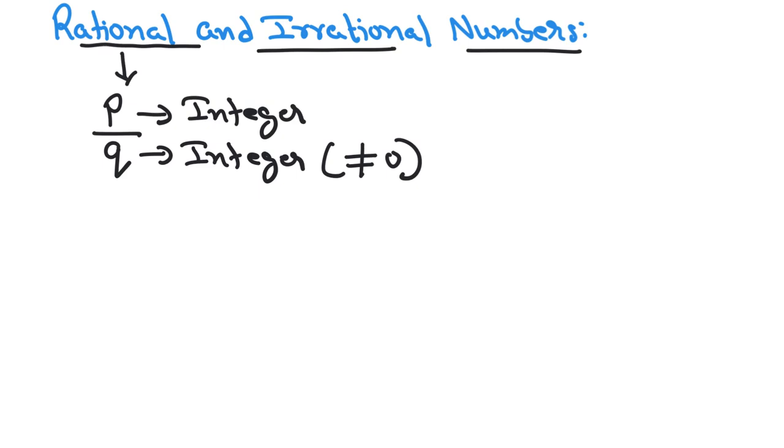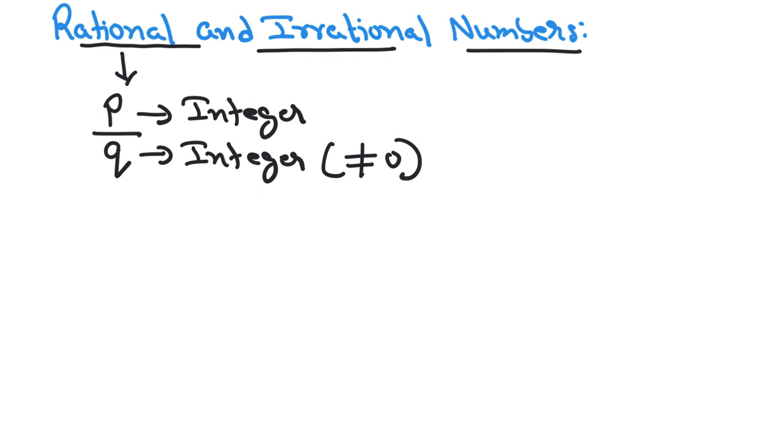Why can't the denominator be equal to 0? That is because dividing by 0 makes no sense. It's undefined. That's why. So, a rational number is a number that can be written as a fraction where the numerator and the denominator are both integers, but the denominator cannot be 0, even though 0 is also an integer. So that's an exception for the denominator.